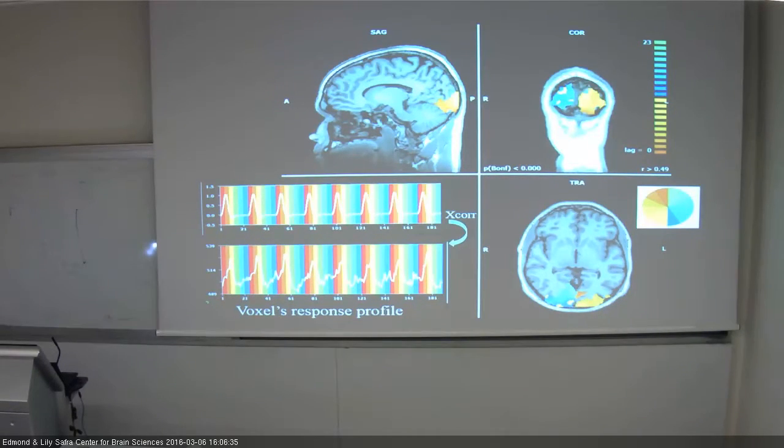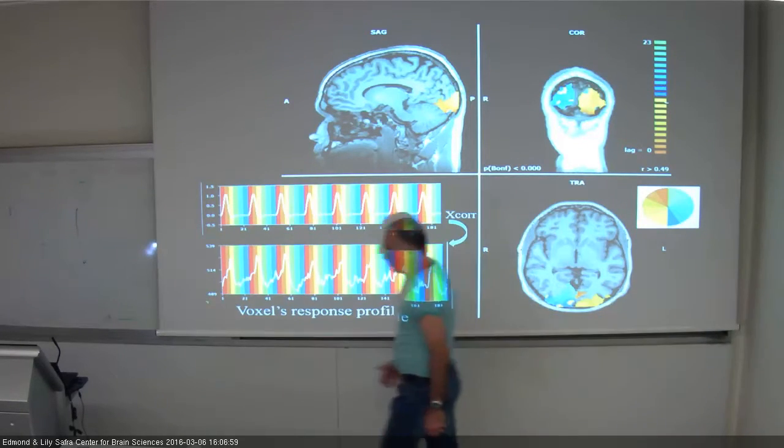We're not going to get into the details here. This is a coronal view, that's the back of the brain. So you see that the right hemisphere corresponds to stimuli at the left side, and the left hemisphere corresponds to stimuli at the right side. You can see it also here, left side corresponding to the right, and right side corresponding to the left visual field.